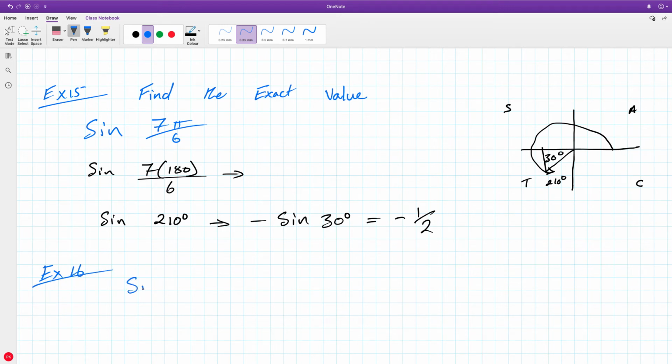The sine of negative 210 degrees. Right. Very important. In our logo, right corner.